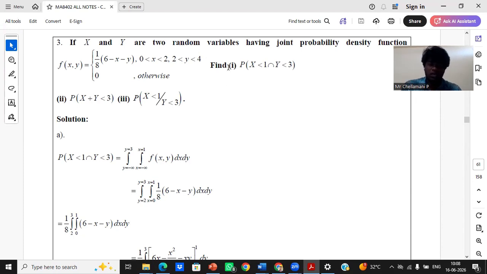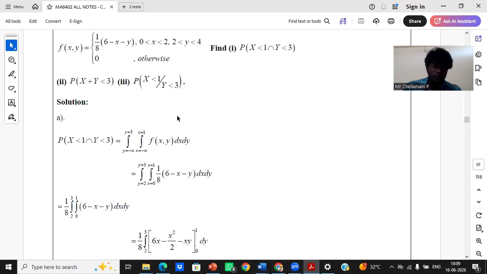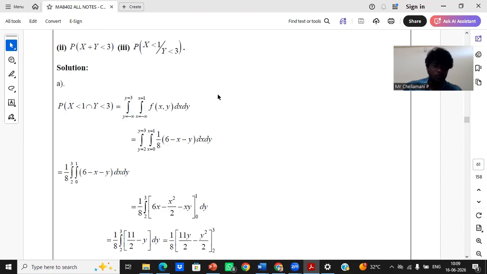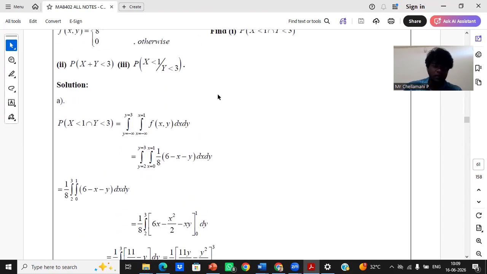The subdivision number 1 is probability of x less than 1 intersection y less than 3. The second subdivision is probability of x plus y less than 3. And the third subdivision is probability of x less than 1 given y less than 3. So the subdivision number 1, that is probability of x less than 1 intersection y less than 3.